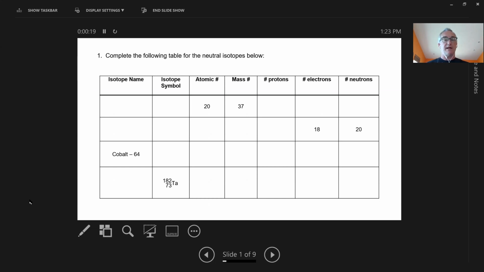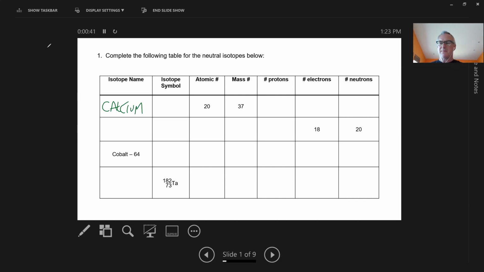So our isotope name we can pretty much fill in here. So what's our name? Calcium. Yep. So that would be calcium.